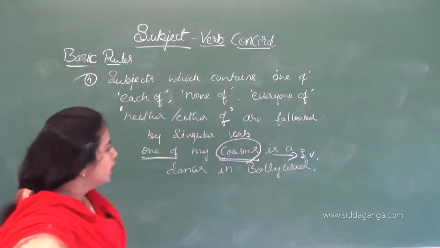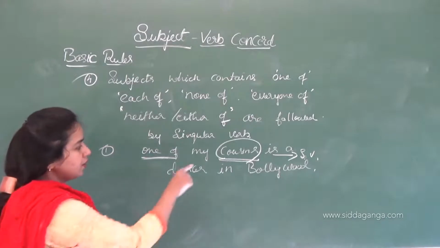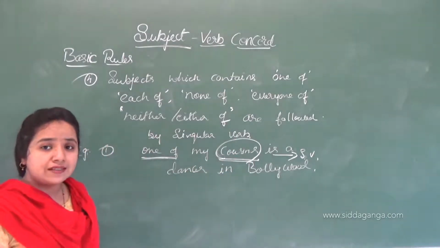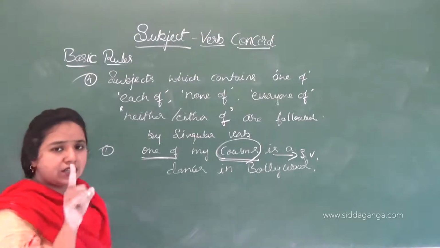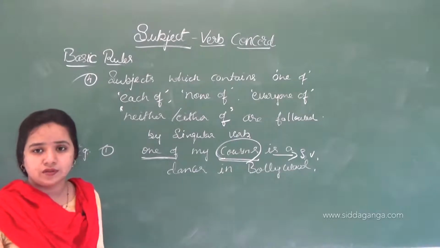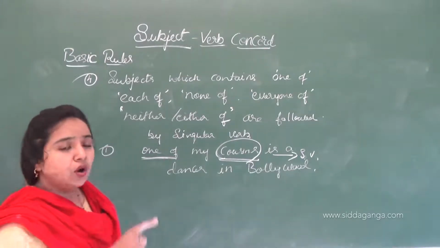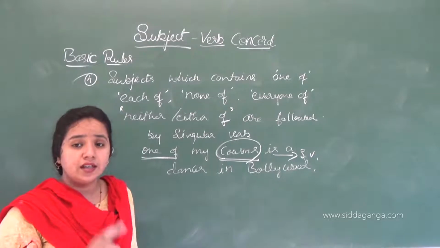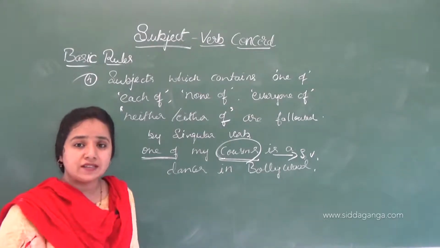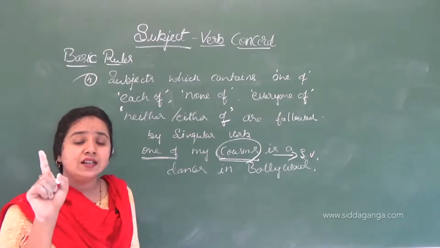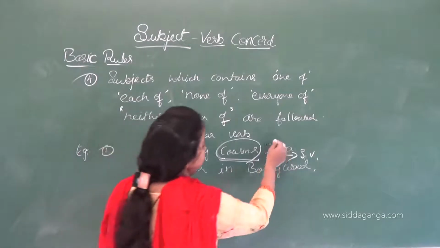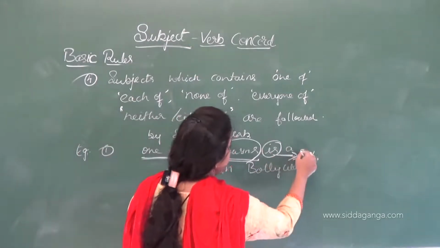Why? The verb is singular because out of this group of cousins, only one cousin is a dancer in Bollywood. It's not saying all the cousins are dancers. It says in the whole group of cousins, one cousin is a dancer. So in that case, the helping verb is a singular verb.